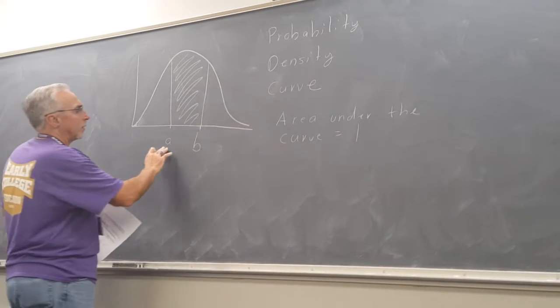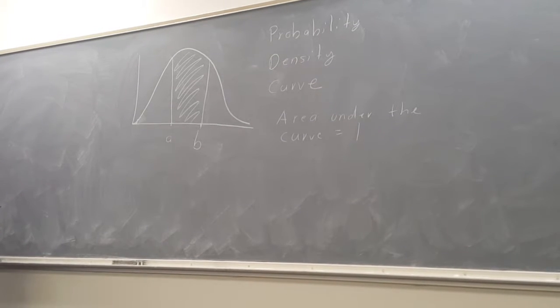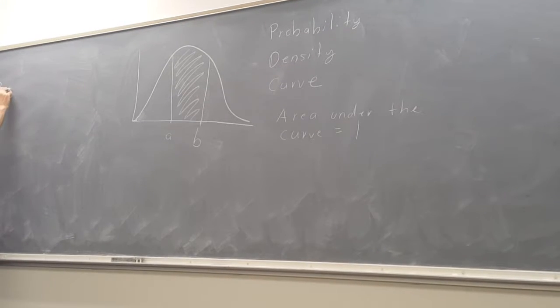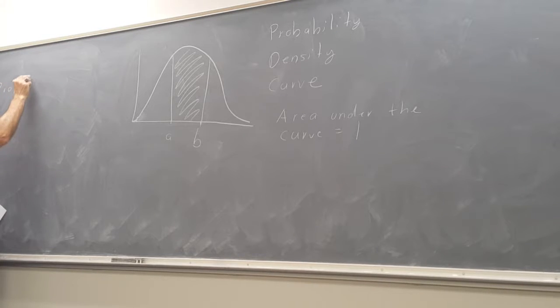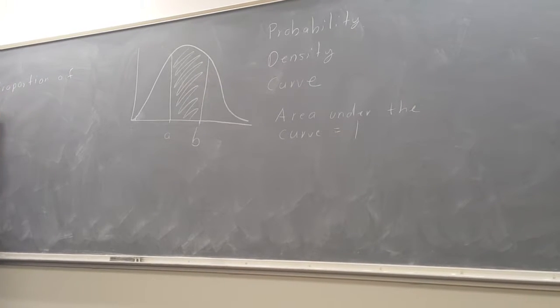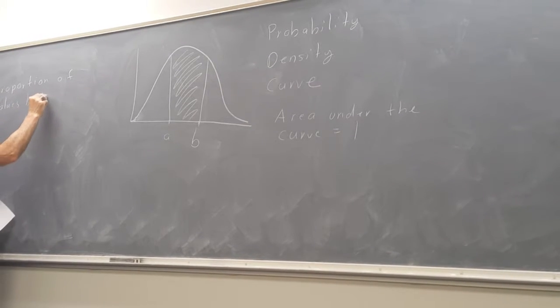So, an area under a curve has two representations depending on the problem. So that's what she has on here already, is one, it's the proportion of values between A and B.